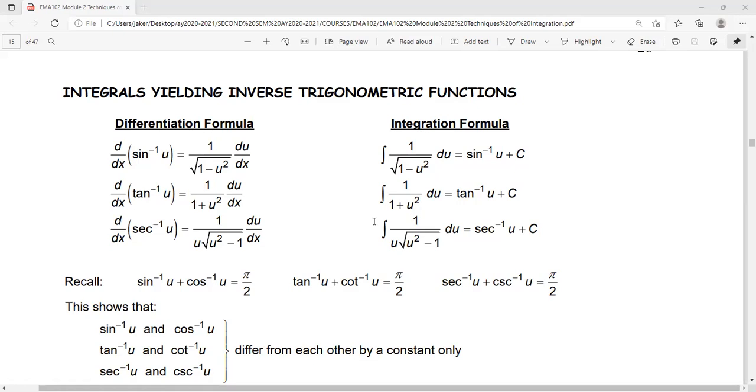And this one, which contains a radical and a variable. So these are the three new integration formulas that will yield the inverse trigonometric function. So you can see it has inverse sine, inverse tangent, or the arc sine rather. The arc sine, the arc tangent, and the arc secant.